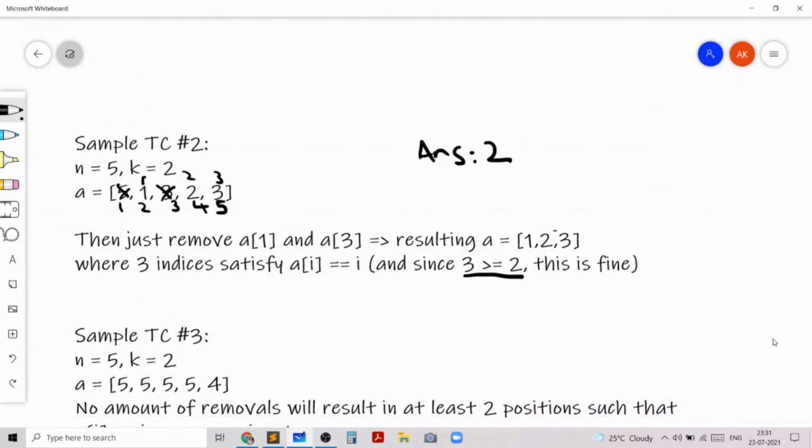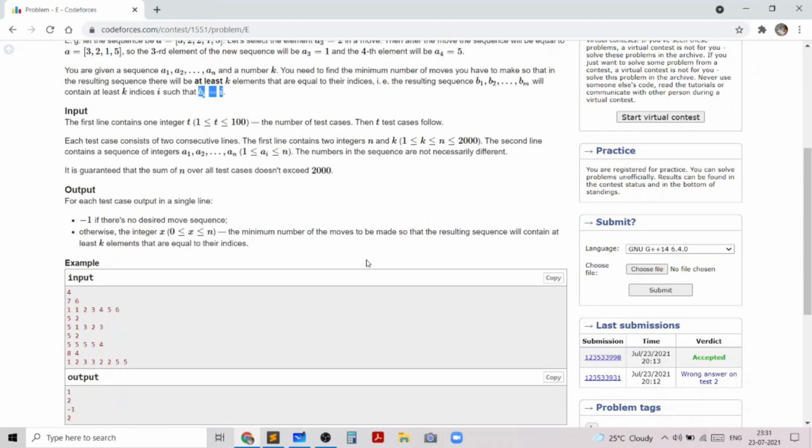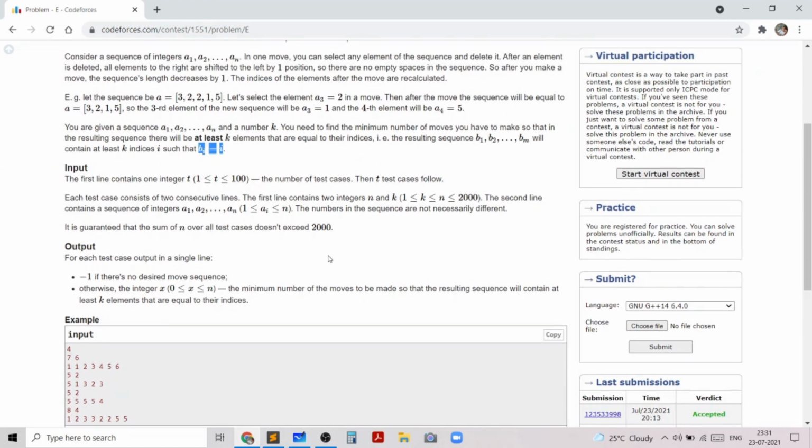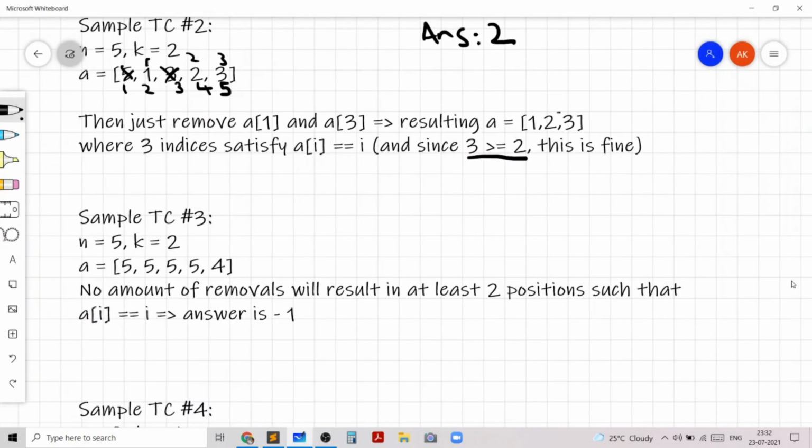Similarly, you can check that in sample test case 3, there is no way to remove the elements. They mentioned in the problem that if there is no way to remove the elements, then we print -1. So actually in sample test case 3, the output will be -1.